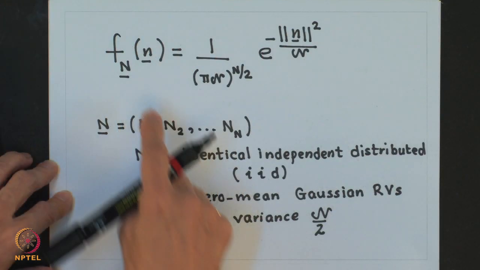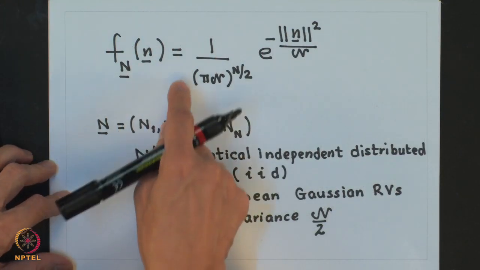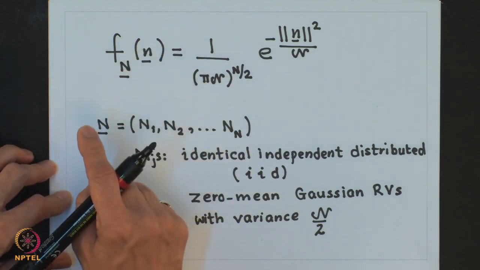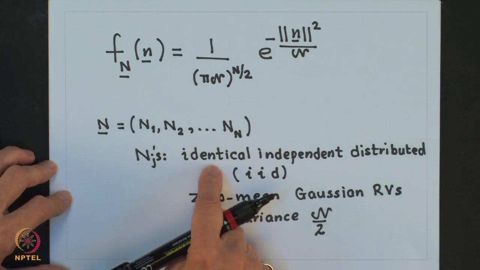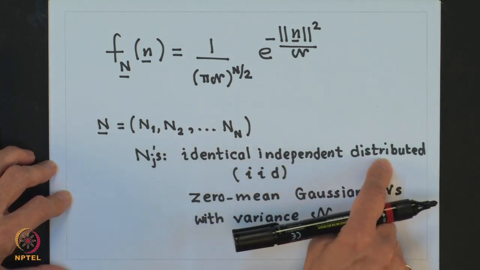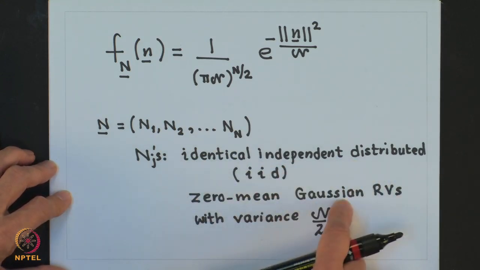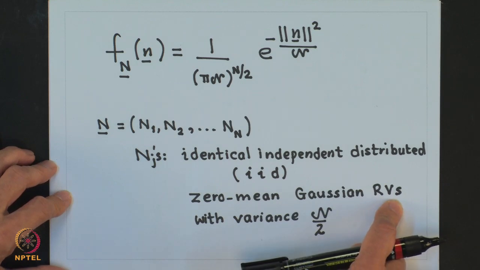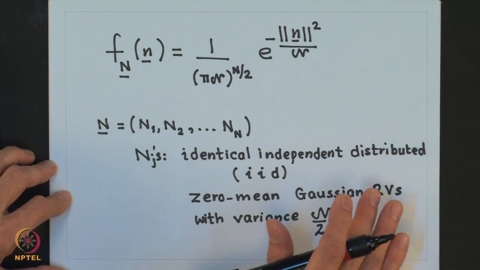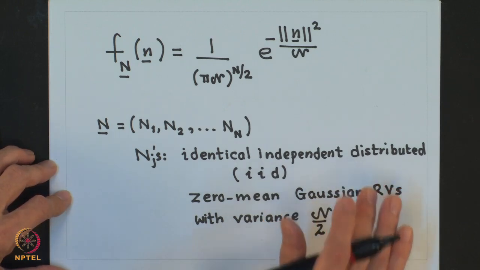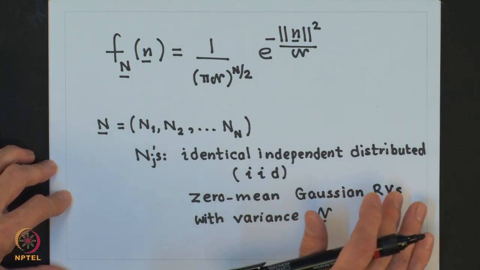Now, we know from our earlier study that this noise vector consists of elements which are independent, identically distributed, zero mean Gaussian random variables, because our noise process is Gaussian and we assume that this noise process has zero mean.